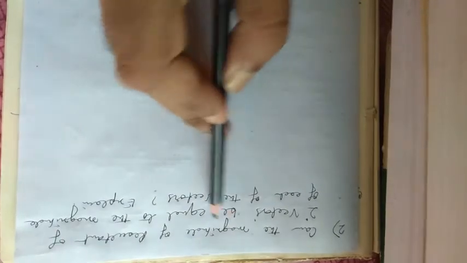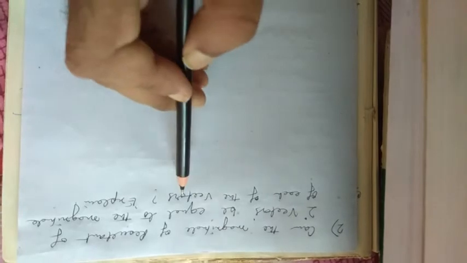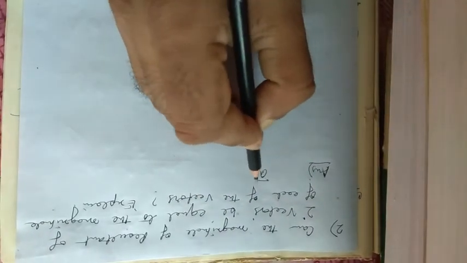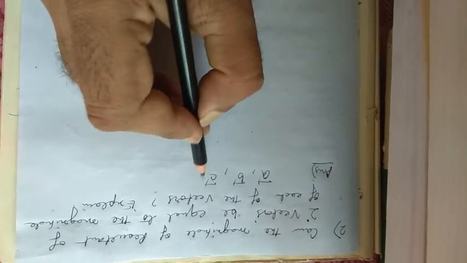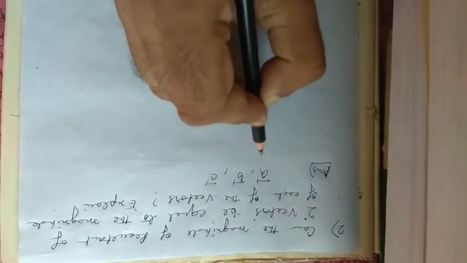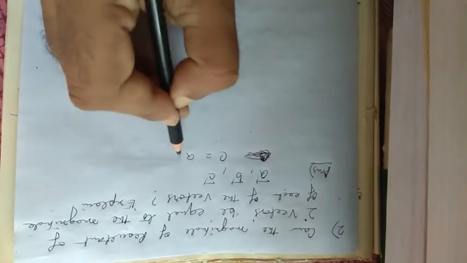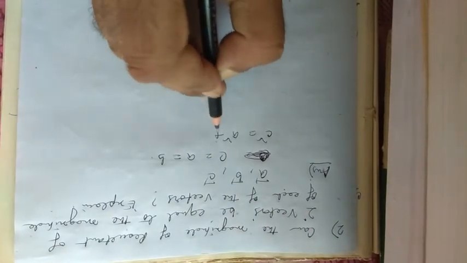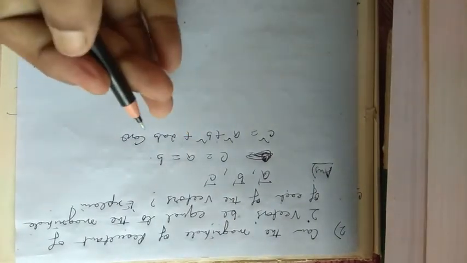Now, can the magnitude of the resultant of two vectors be equal to the magnitude of each of the vectors? For the solution, take the initial two vectors as A and B, and the resultant as C. The magnitude of the resultant is equal to the magnitude of both vectors, that means C is equal to A is equal to B. Now in the relation C square is equal to a square plus b square plus 2ab cos theta, we replace everything by either b or a.